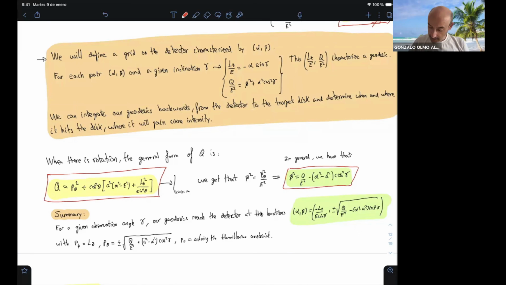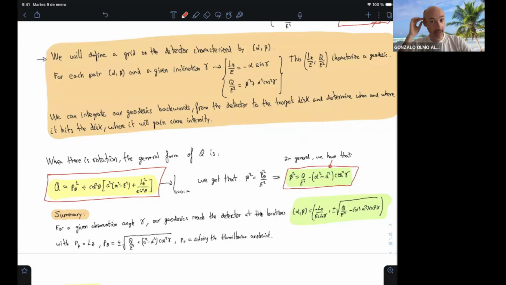So basically, we are adding this A, and A was the parameter that controls the angular momentum, the angular velocity of the black hole. Okay, very good. So that's it.